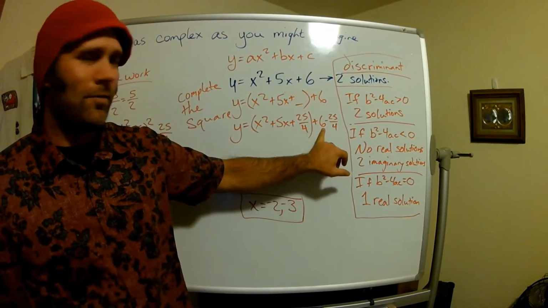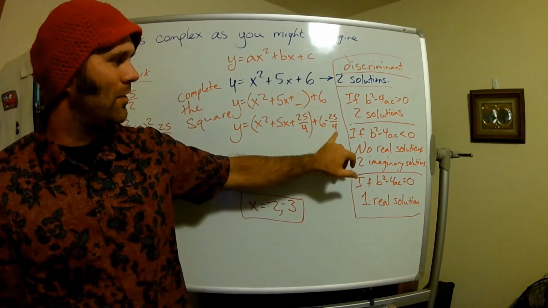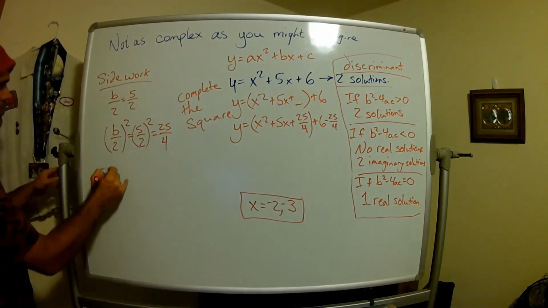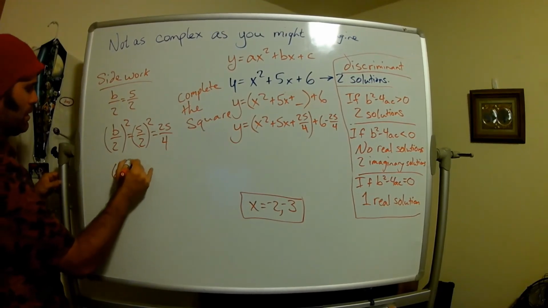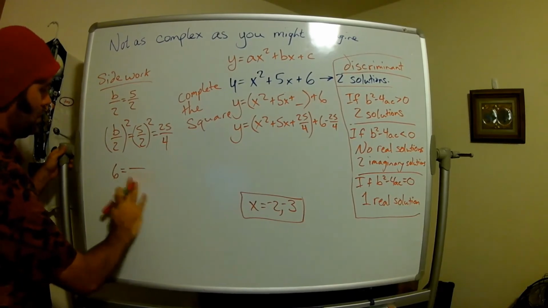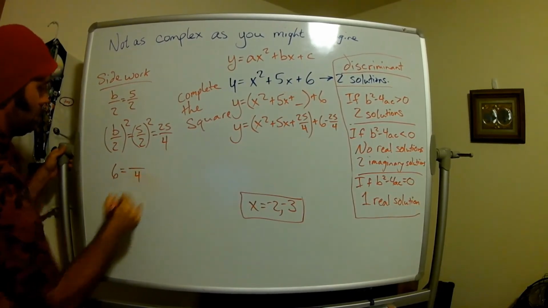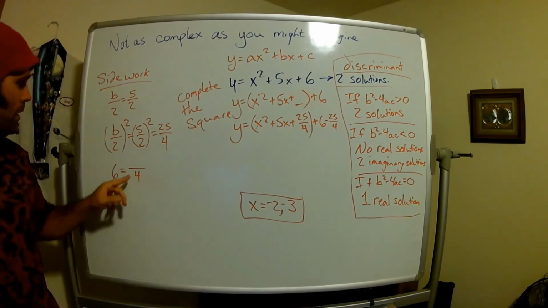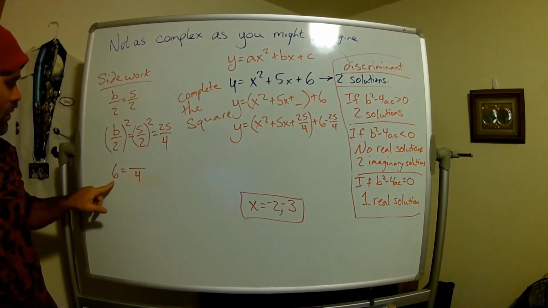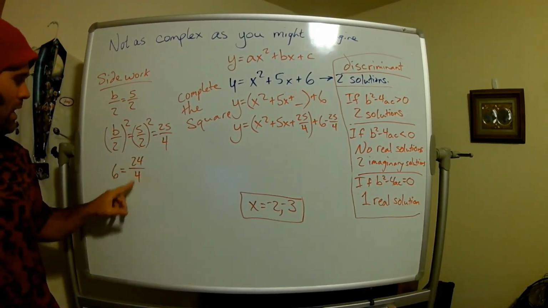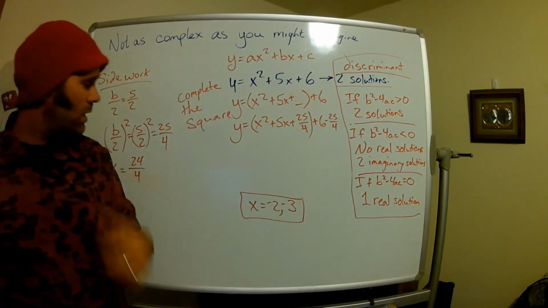I'm going to do some side work here. I don't like 6. 6 has not got the same denominator as 25/4. So how many fourths does 6 equal? How many fourths does 6 equal? Well, 6 times 4 is 24. 24 divided by 4 is 6. 24 fourths.